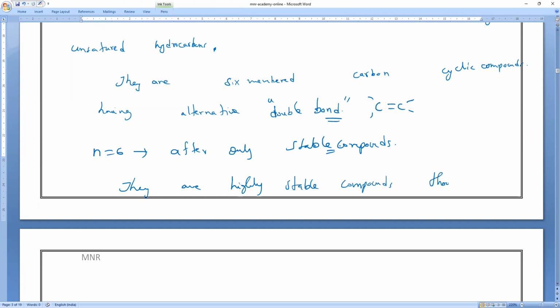How many double bonds do they have? They have three double bonds, because each alternate carbon gets the double bond. So three double bonds in one carbon ring.